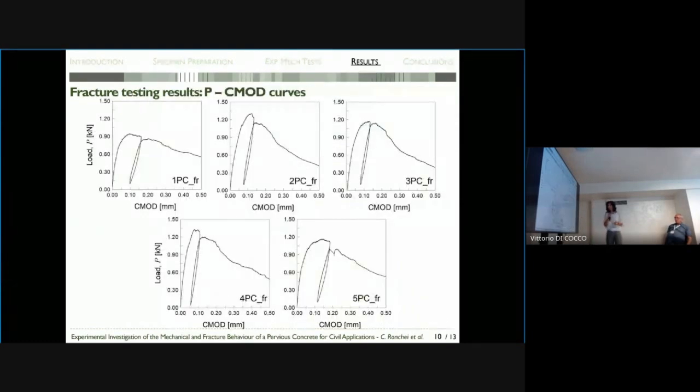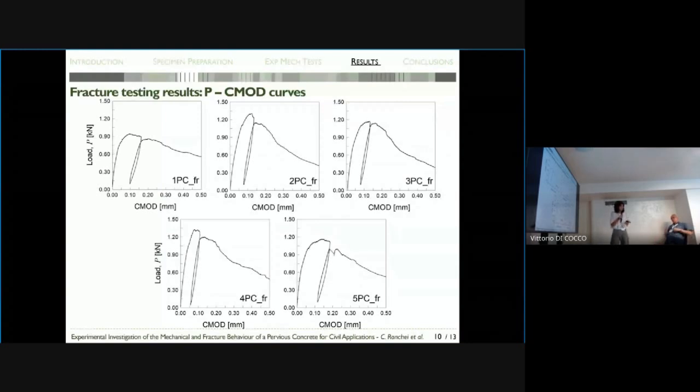Regarding the fracture test, the experimental curves in terms of load against the crack mouth opening displacement are recorded in these figures, and it can be observed that the curves, both in the peak stage and in the unloading-reloading stage, are quite dispersed among themselves.